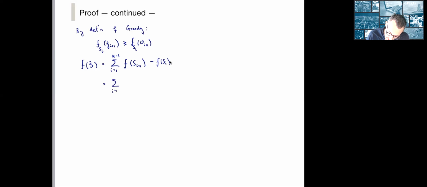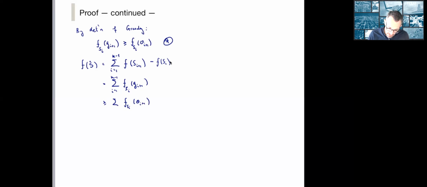So by definition, this is the marginal value of element g_{i+1} with respect to the set Si. And by virtue of how greedy operates, this is greater than or equal to the sum of the marginal value of o_{i+1}.